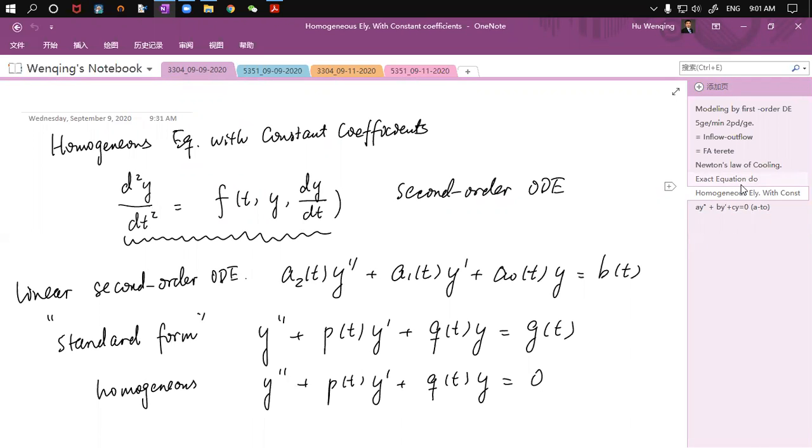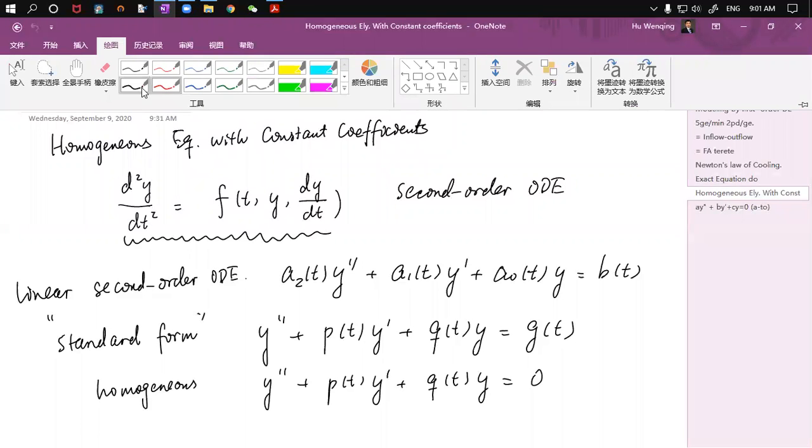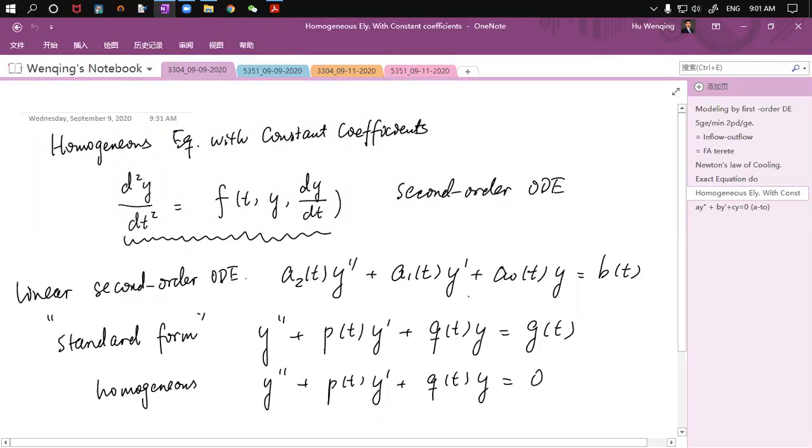coefficients. By this it means that we've been talking about linear second-order ordinary differential equations. A typical linear second-order ODE is going to take a form that has some coefficients there. It's going to be a linear structure in the equation.